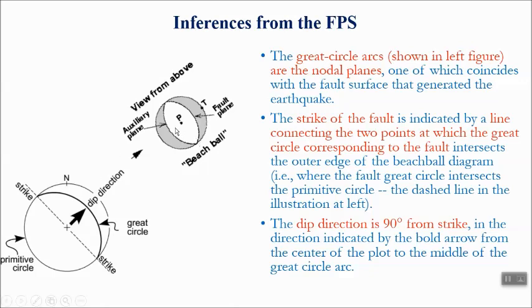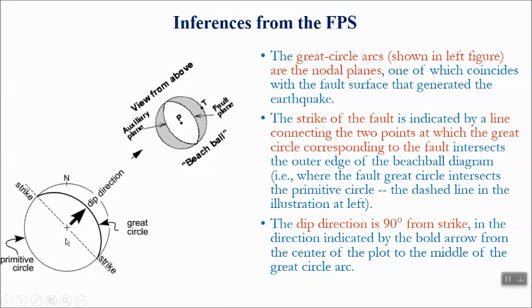So how do we know? Suppose we have this particular great circle as the fault plane. The points where this great circle intersects the outer edge of this projection, these are the two outer edge points. Here this great circle is intersecting here.